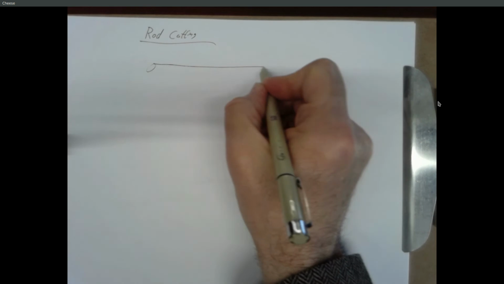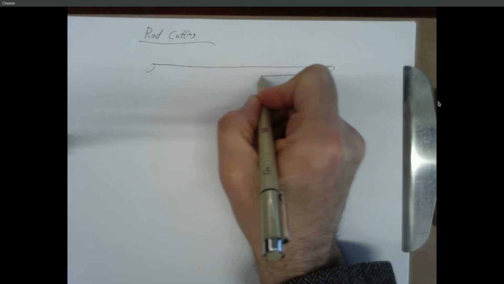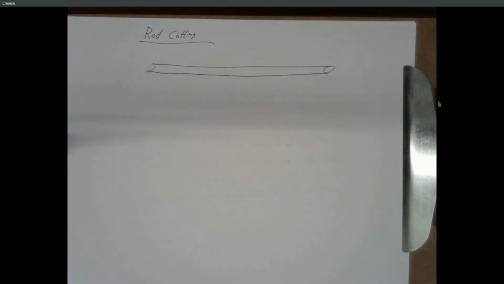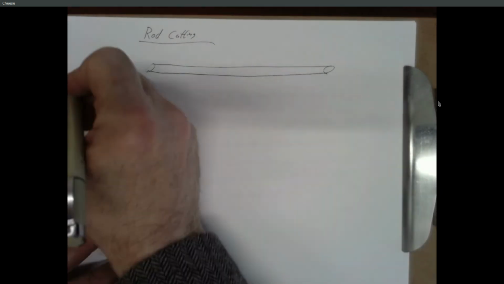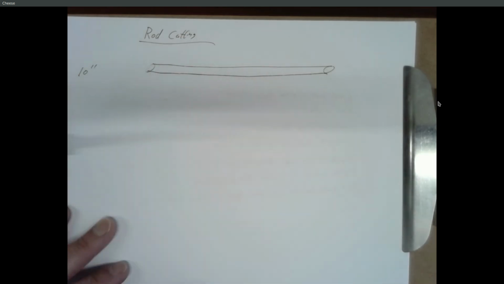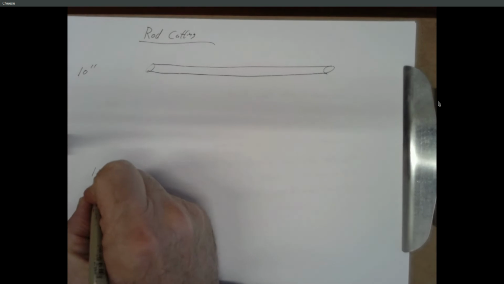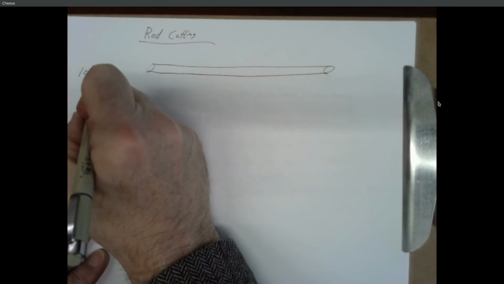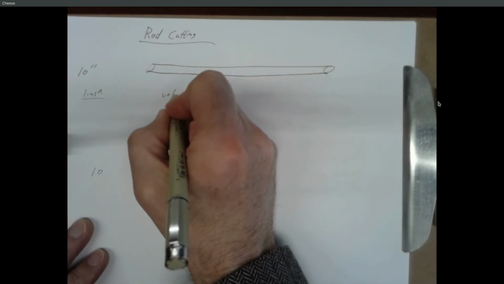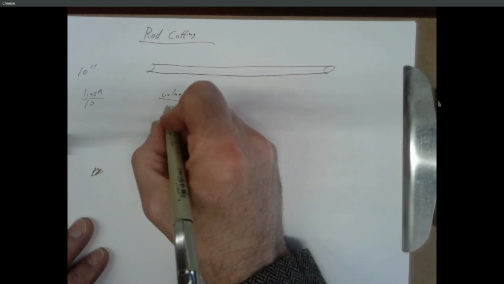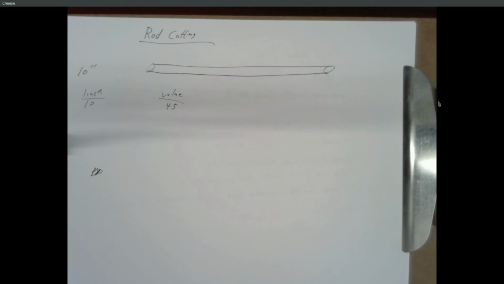You have a length of material, and you can sell this. Let's say this is 10 inches long. You can sell a 10-inch rod for a certain amount, maybe 45 cents.